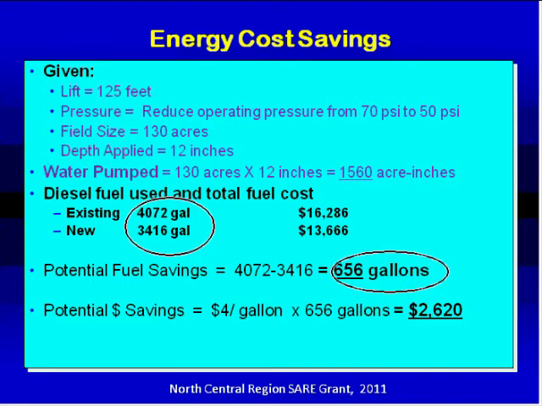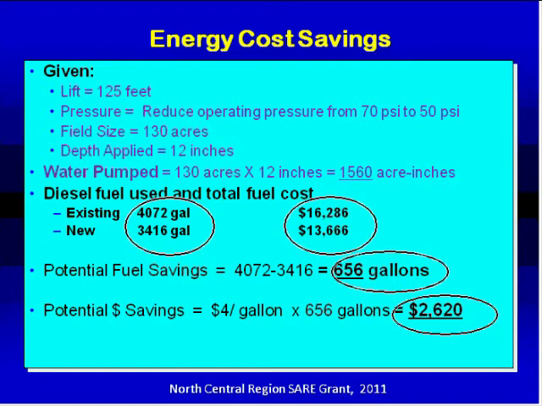And if we do this based upon the differential in cost, from 16,286 compared to 13,666, we're actually going to be saving about $2,600 in fuel costs on an annual basis. So 656 gallons of diesel fuel and $2,620 would be saved if we switched our system from a 70 psi to a 50 psi system.